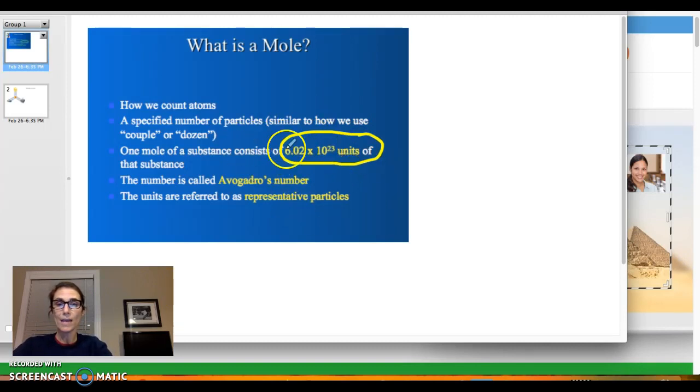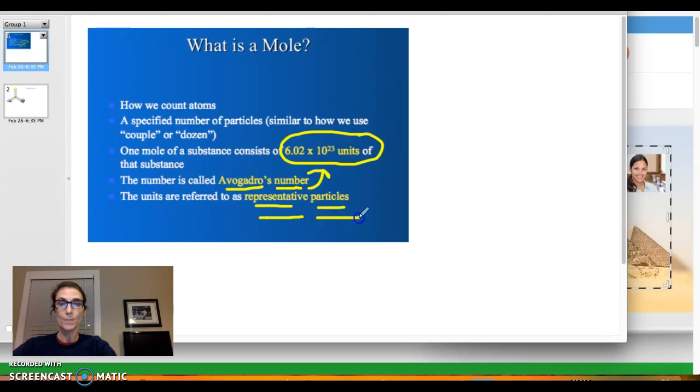A mole of any substance consists of 6.02 times 10 to the 23rd units or representative particles of that substance. Avogadro's number is one of those things from chemistry that you will never forget. So what are these things called representative particles?